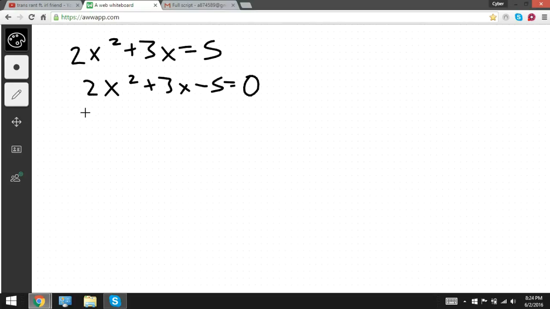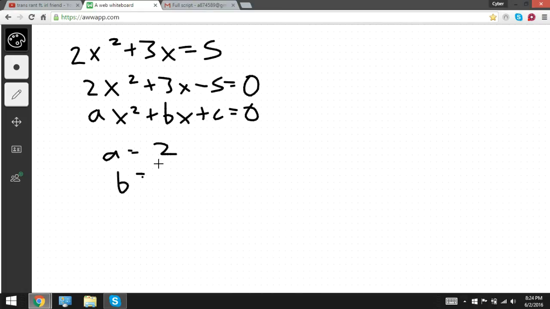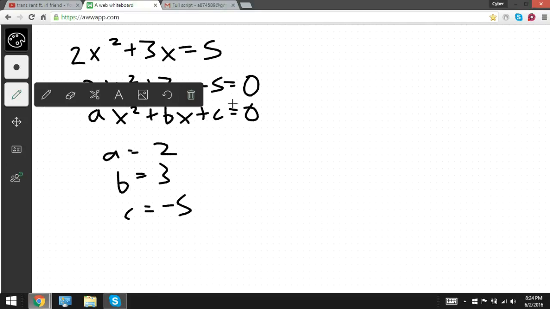That's what I want. Now if you look at this in the form of ax squared plus bx plus c, a is equal to 2, b is equal to 3, and c is equal to -5. That is the important information we need to know for later.